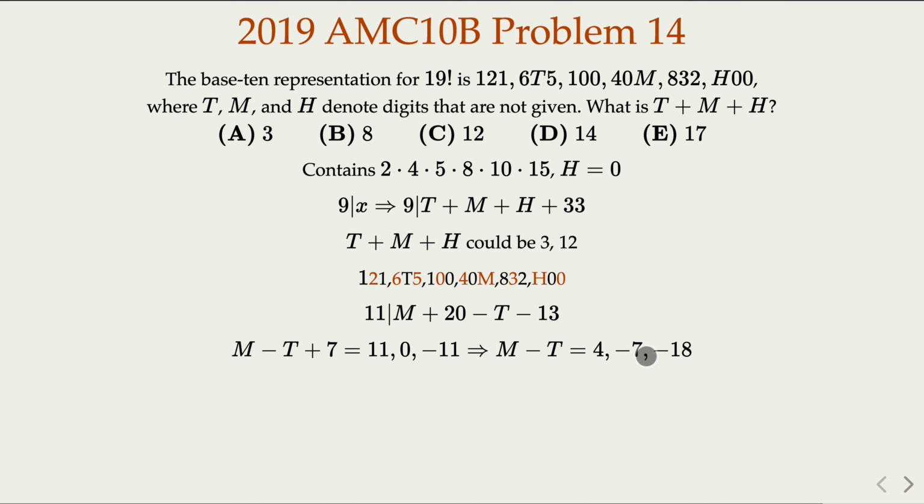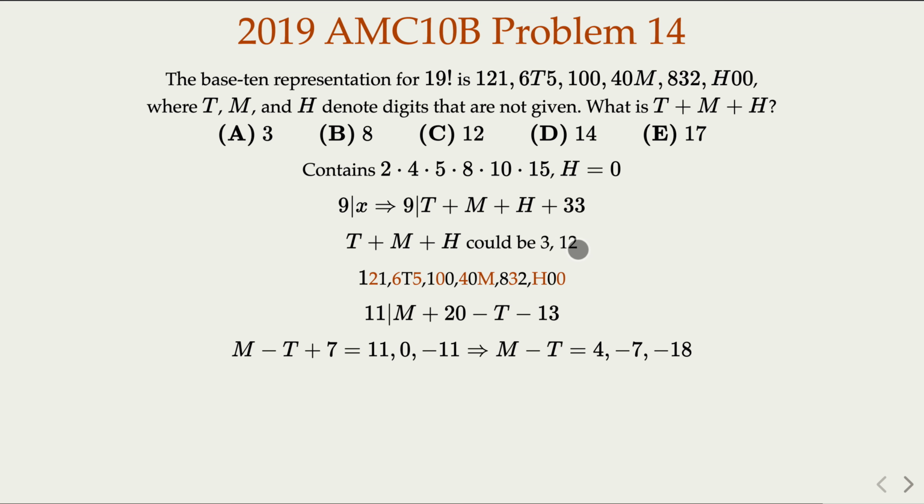Of course, negative 18 is impossible because two digits cannot differ by 18. Given that the sum is either 3 or 12, and the difference is either 4 or 7, when you sum them up, T plus M is not possible to be 3.